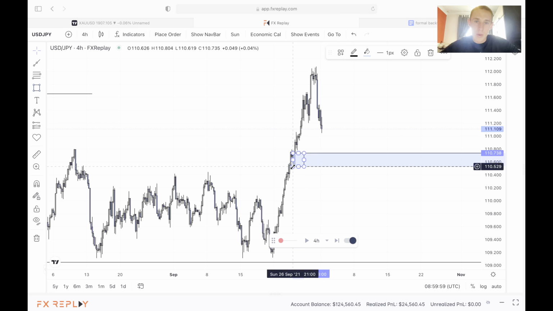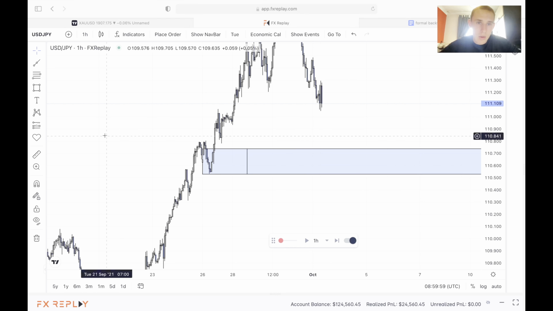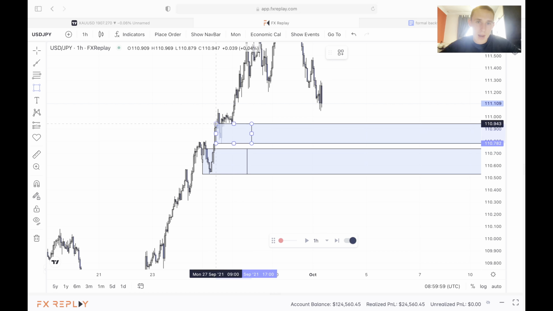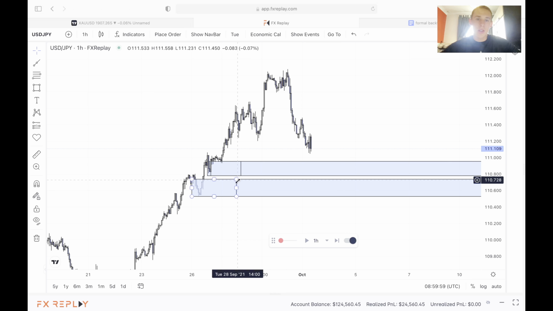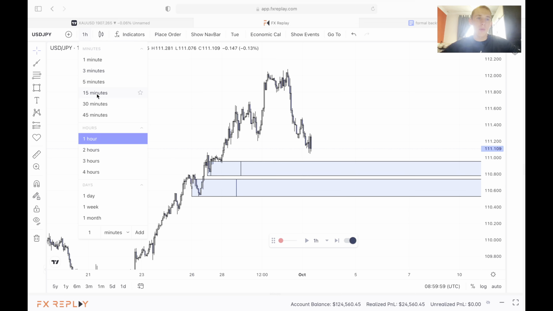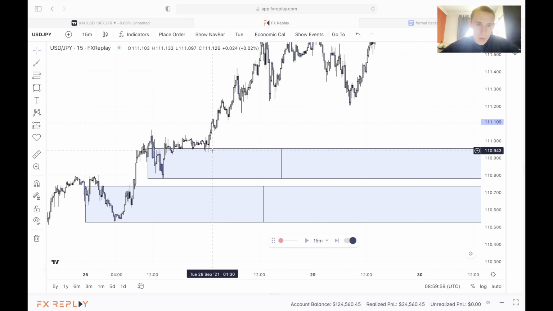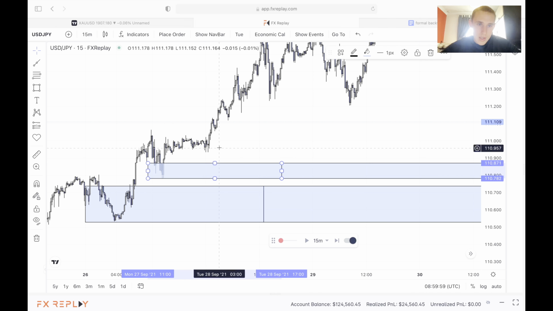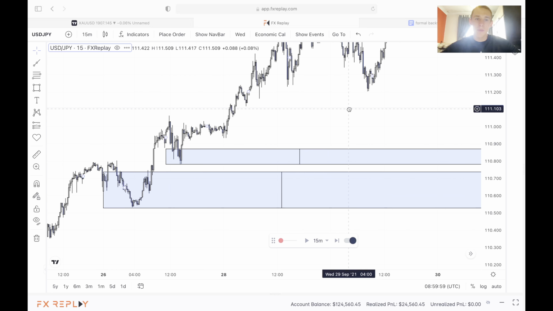We have this 4-hour demand, and on the 1H we also have this area of liquidity above as well. So if we look at these two levels and see if we can get a reaction at one of them, this one we can refine to this. The reason this one's valid is because it swept this low to the left, created imbalance, and broke the structure.